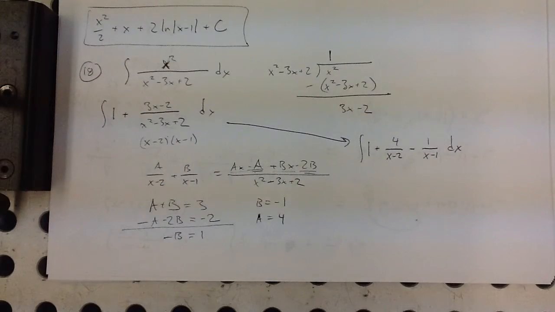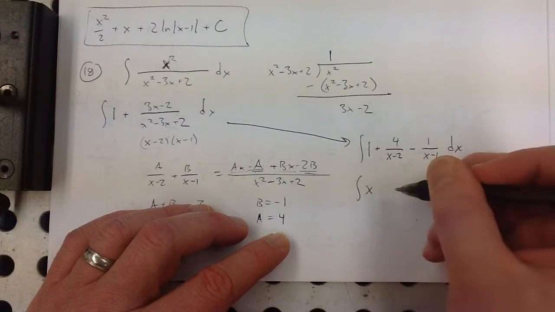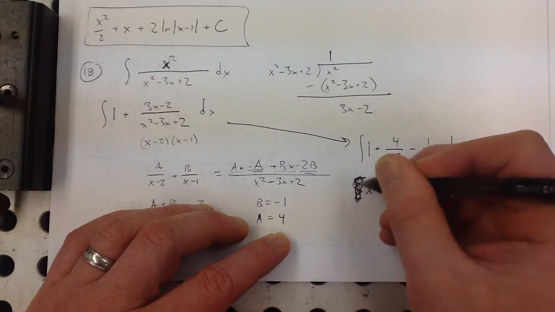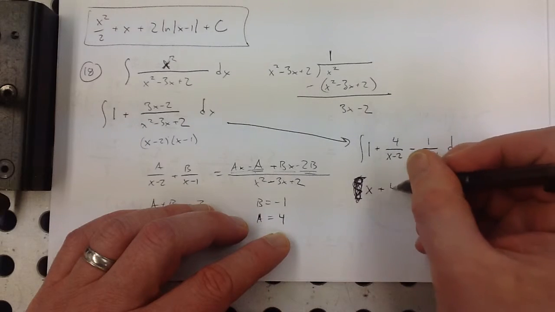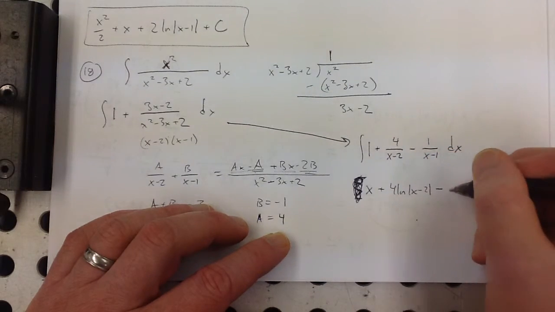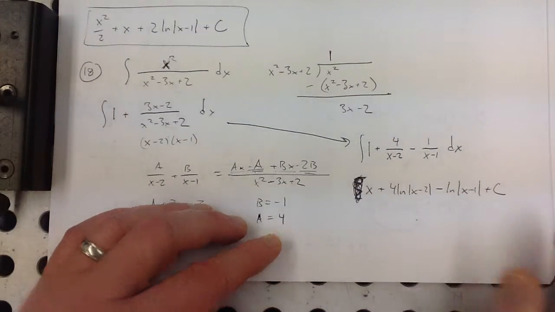So that's what all of this turned into, right? That's what all of our algebra did. We hadn't done any calculus yet. That was just all algebra. So here, x, oops, I'm doing the antiderivative. X plus 4 natural log x minus 2 minus natural log x minus 1 plus c.